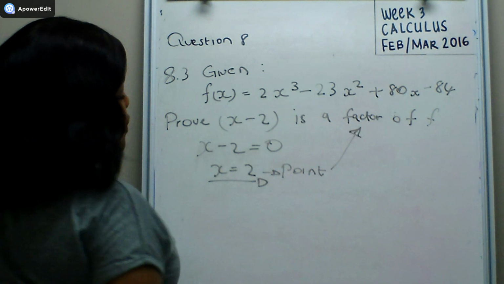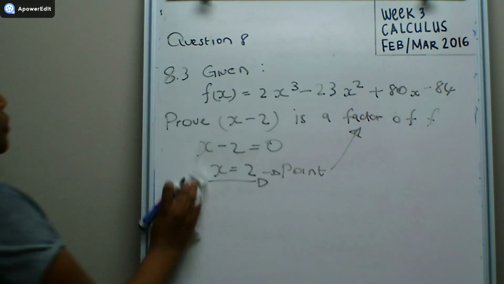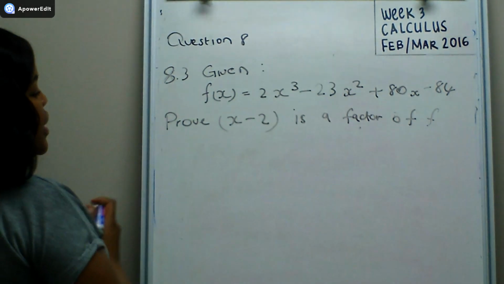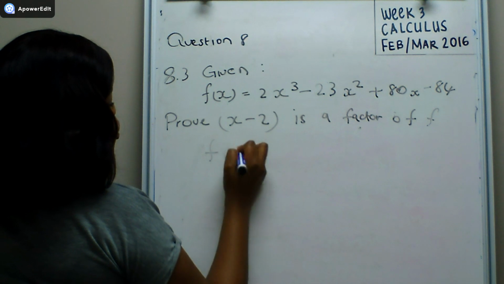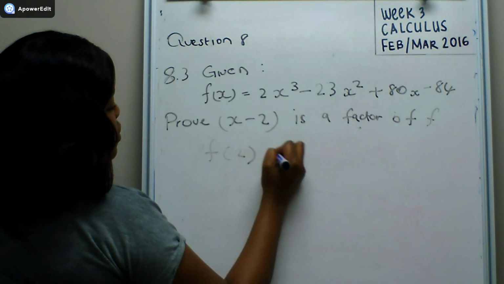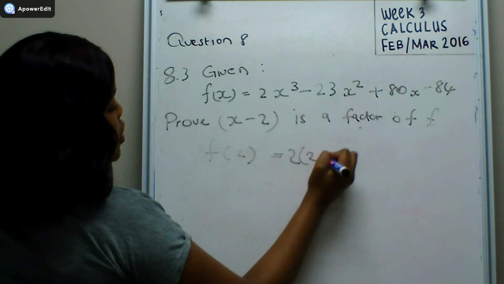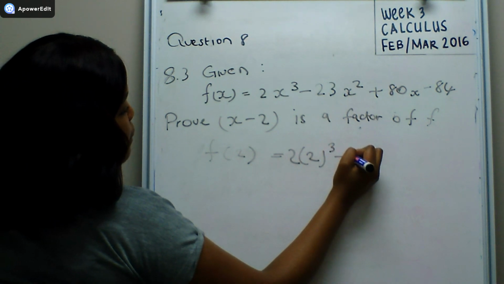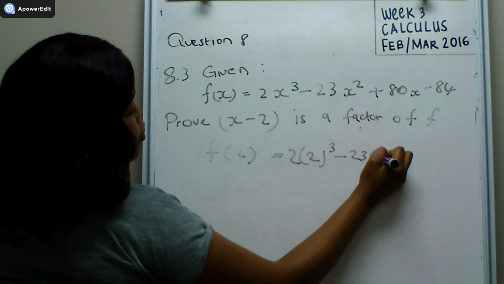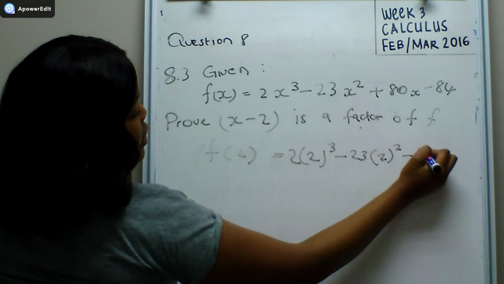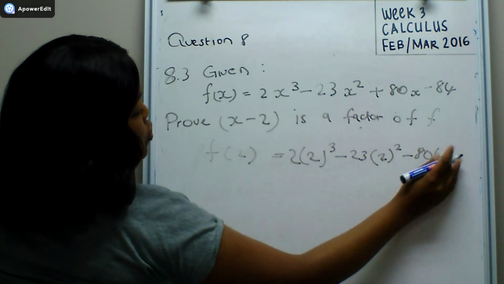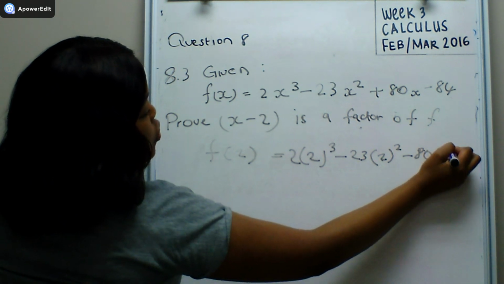So when you try to prove this, basically you just set x minus 2 equal to 0. As I was saying, when you want to prove that x minus 2 is a factor, you equate it to 0 and take the 2 to the other side.